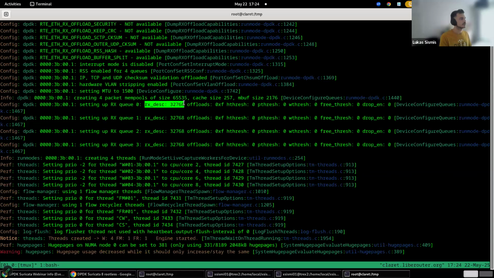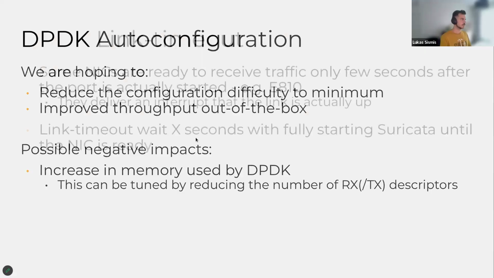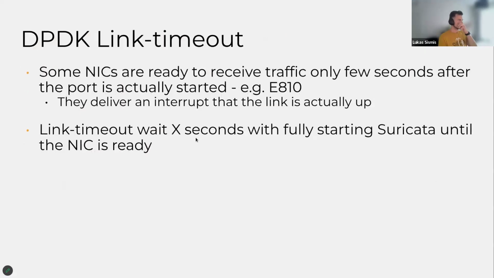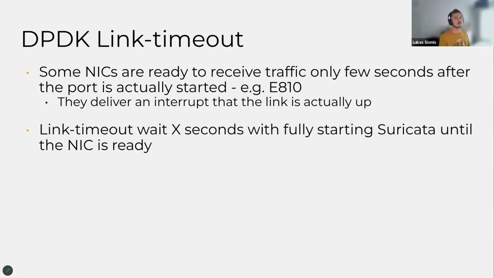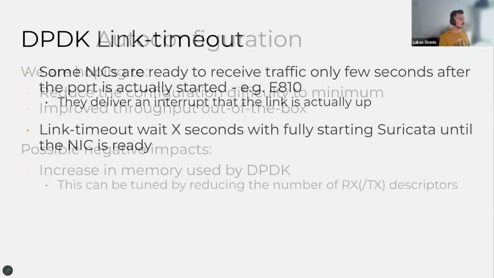Here we clearly see that the Rx descriptors are set to 32K, and we also have the 0 TX transmit descriptors. Okay, and then we have the DPDK link timeout.